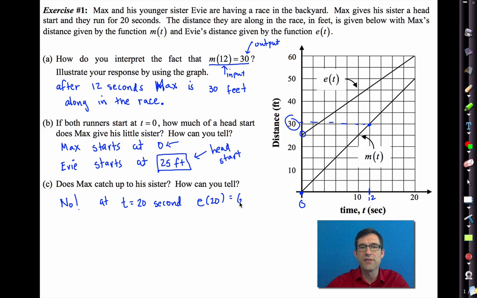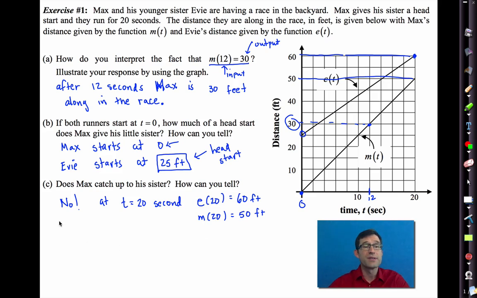Evie is at 60 feet, and m of 20, Max is at 50 feet. Here's Evie at 60, and here's Max at 50. So he's still 10 feet behind. He's been catching up because he started 25 feet behind, but he hasn't caught up to his sister.